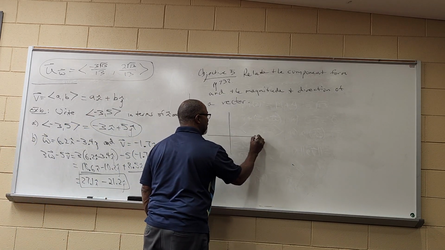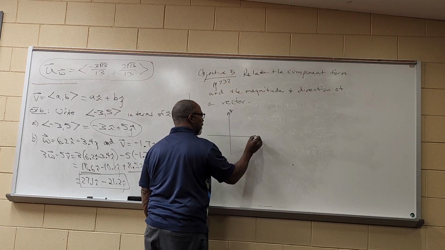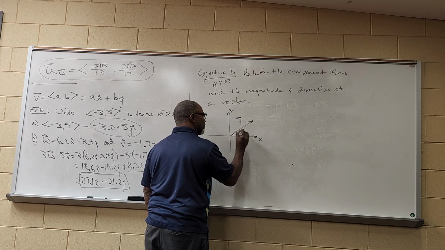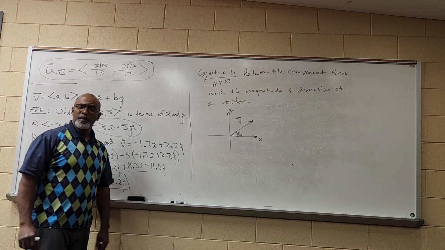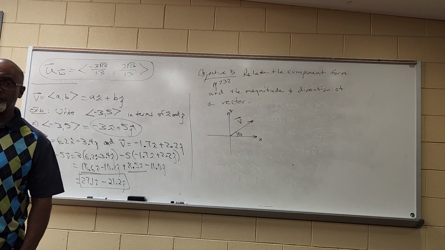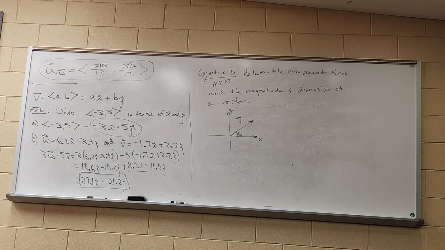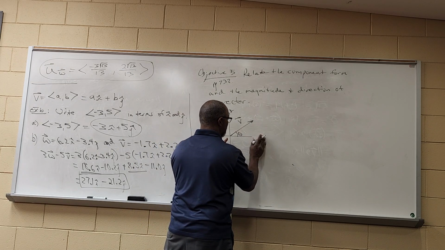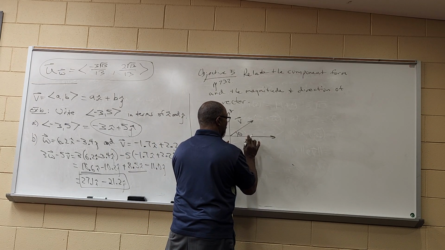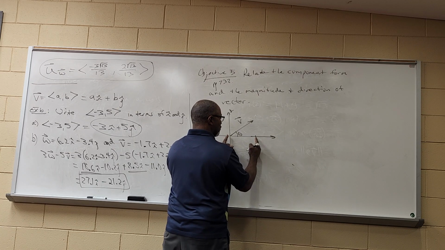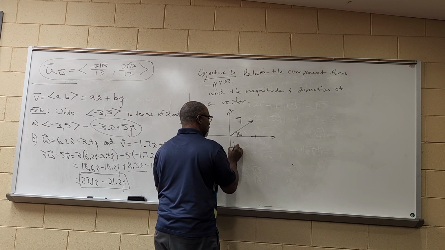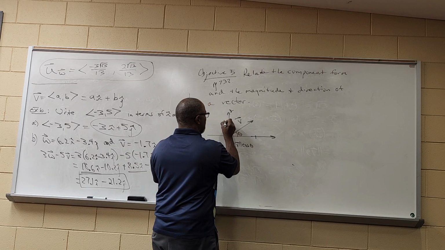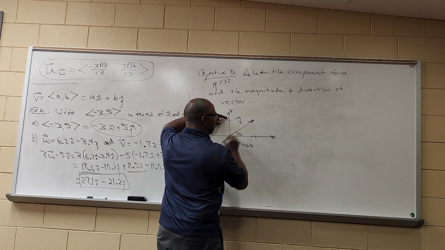If I've got a vector sitting in the plane, some vector, I can think about theta as an angle in standard position. This is just my positive x-axis. This distance from here to here would be the norm of v cosine theta.